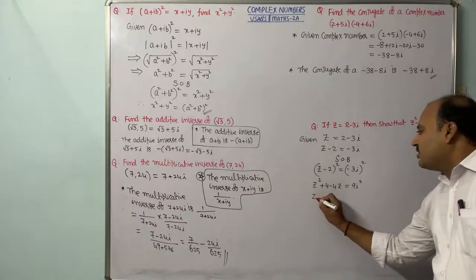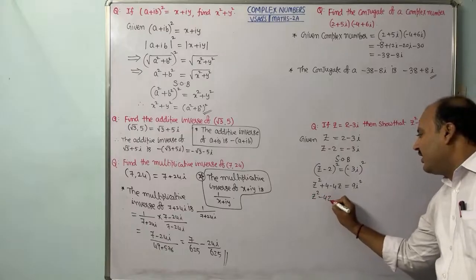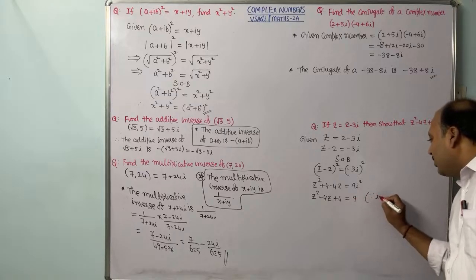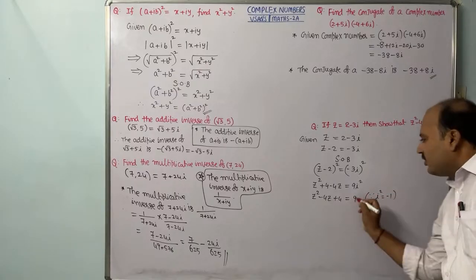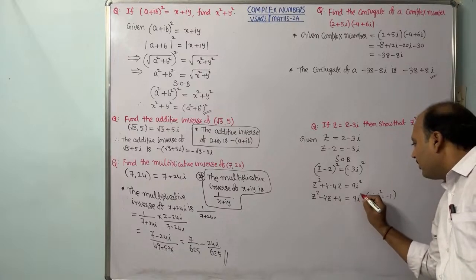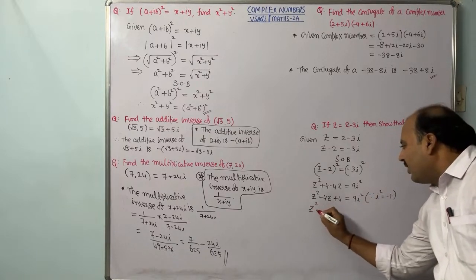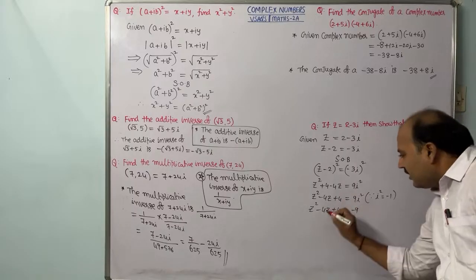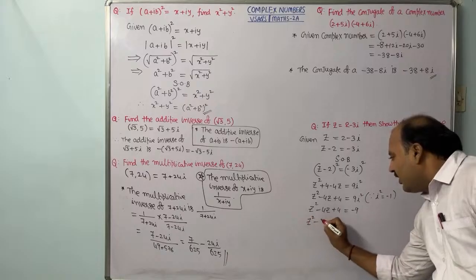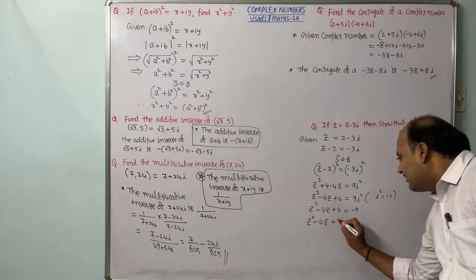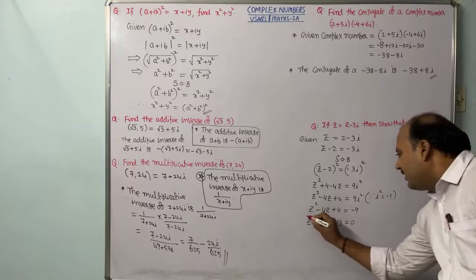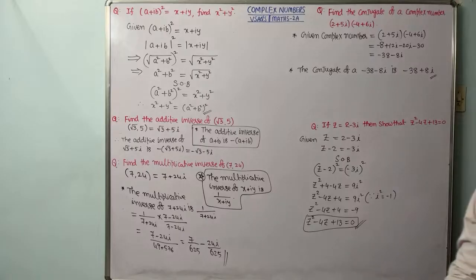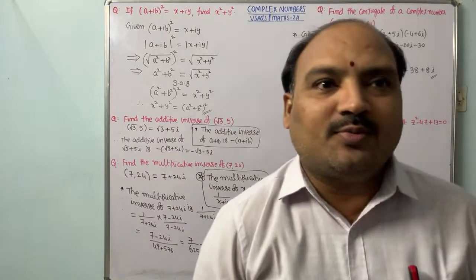Minus 1. So z square minus 4z plus 4 is equal to minus 9, since i square equals minus 1. So z square minus 4z plus 4 plus 9, bringing this side, z square minus 4z plus 13 equals 0. Hence proved. This is the result, dear students. We got it. We move to another question now.